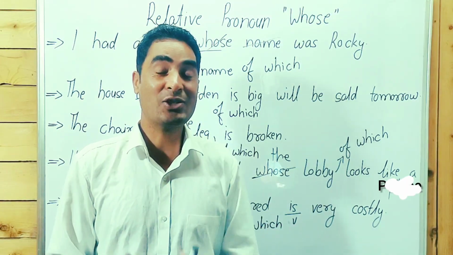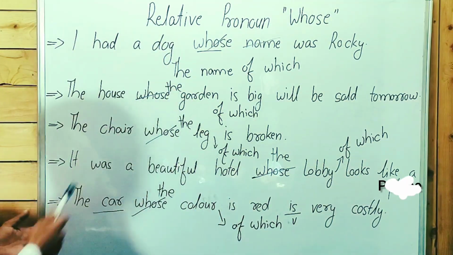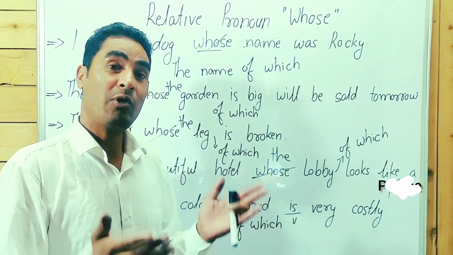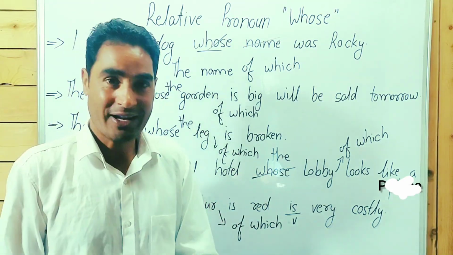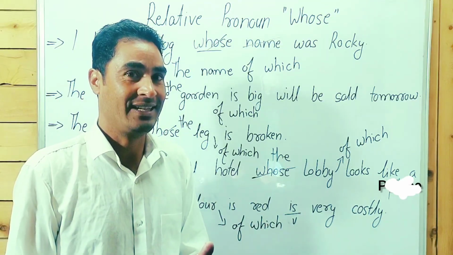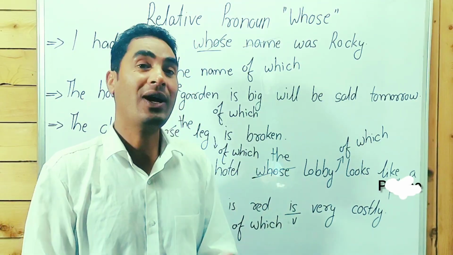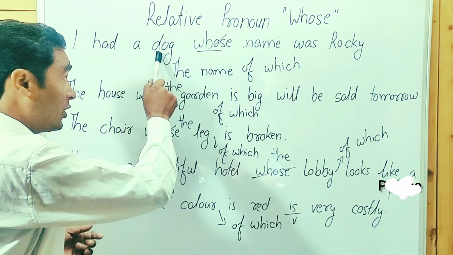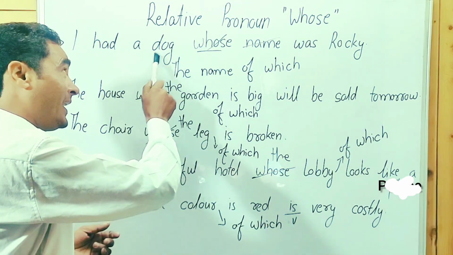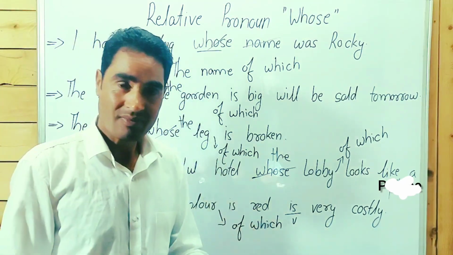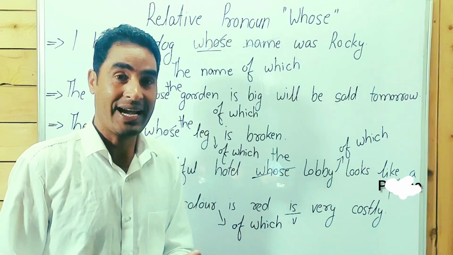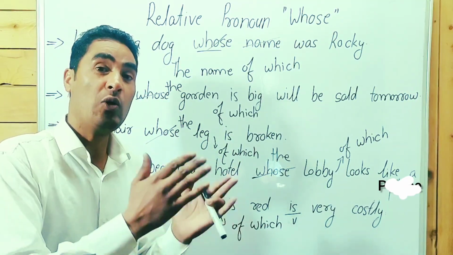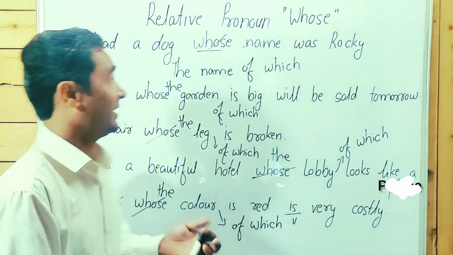I hope you understood. I repeat, we don't use the relative pronoun whose for non-human beings. Whose is used only for human beings to show possession. If you want to show possession with an animal, a thing, or an object, you will have to use the plus noun plus of which structure.